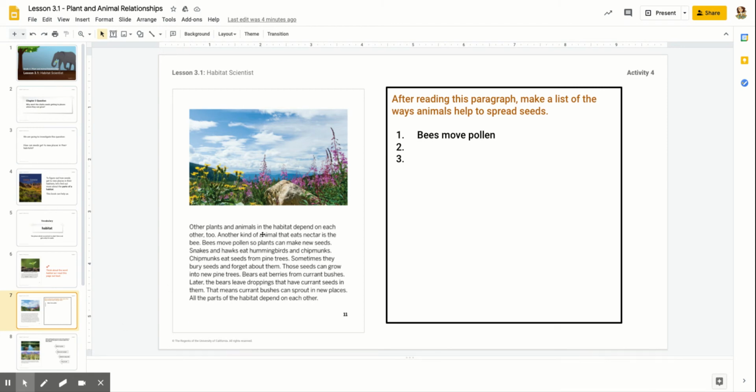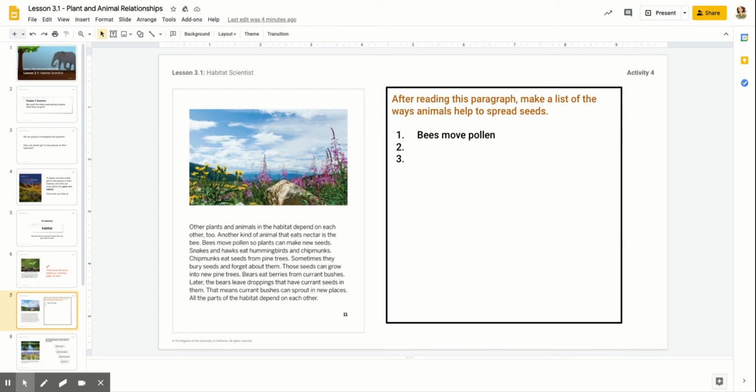Other plants and animals in the habitat depend on each other too. Another kind of animal that eats nectar is the bee. Bees move pollen so plants can make new seeds. Snakes and hawks eat hummingbirds and chipmunks. Chipmunks eat seeds from pine trees, and sometimes they bury seeds and forget about them. And those seeds can grow into new pine trees.